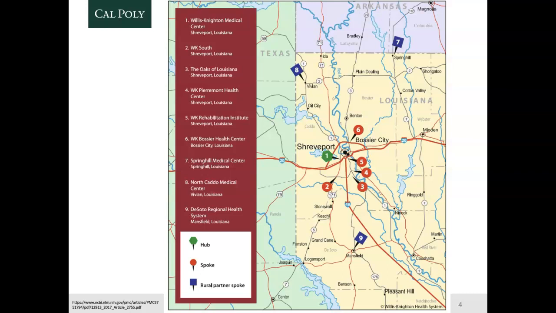So it might take patients in some of these rural areas, who see these rural hospitals as depicted by these dark blue little squares here, you notice that these are really far away from the more populated areas of Louisiana. And so this is really important because telehealth is bridging that gap in care.